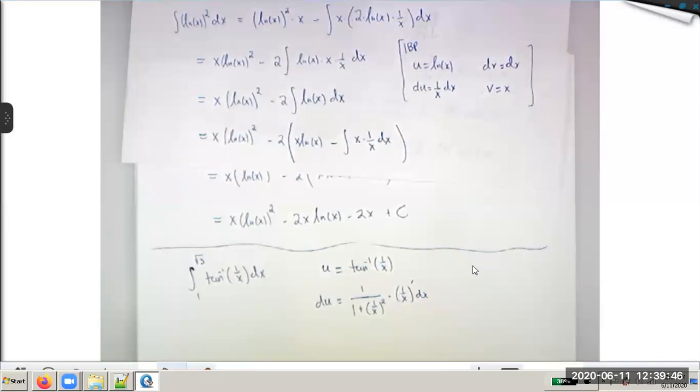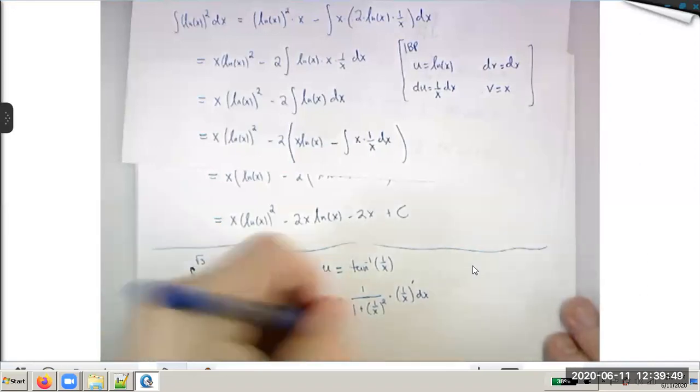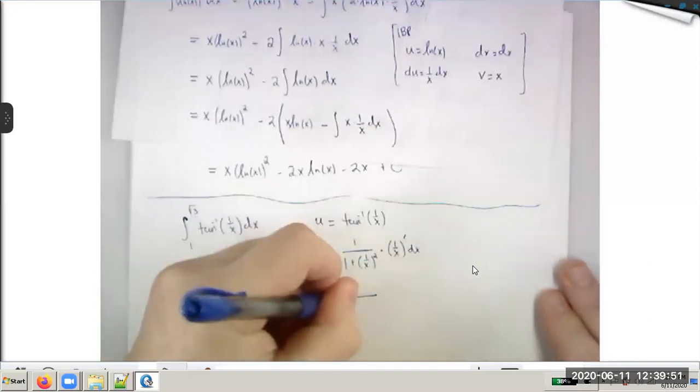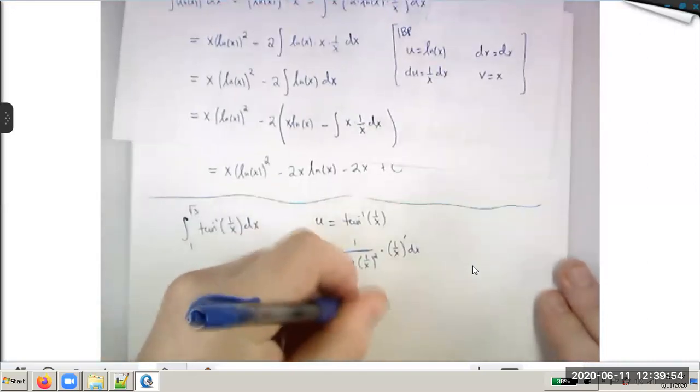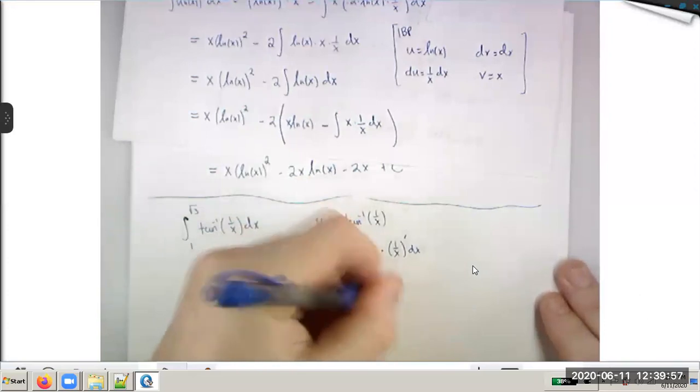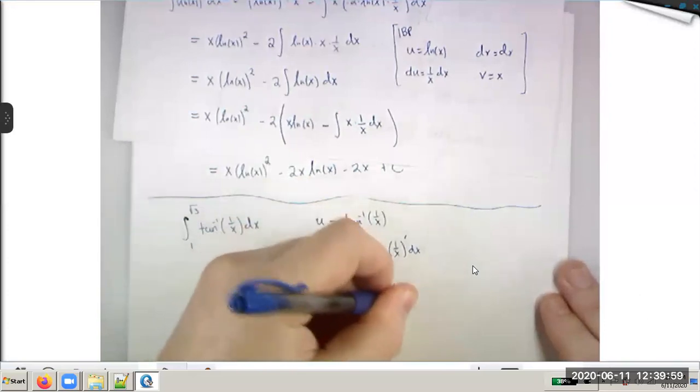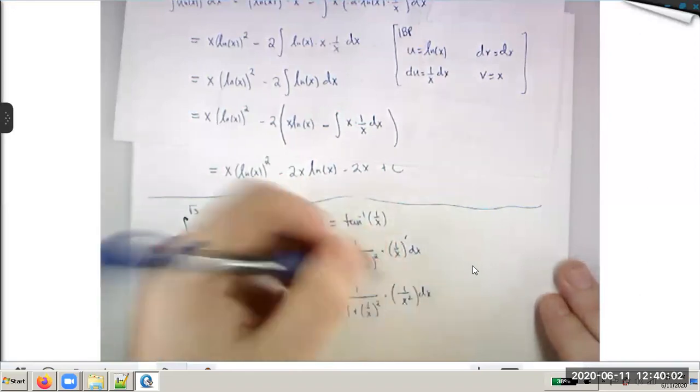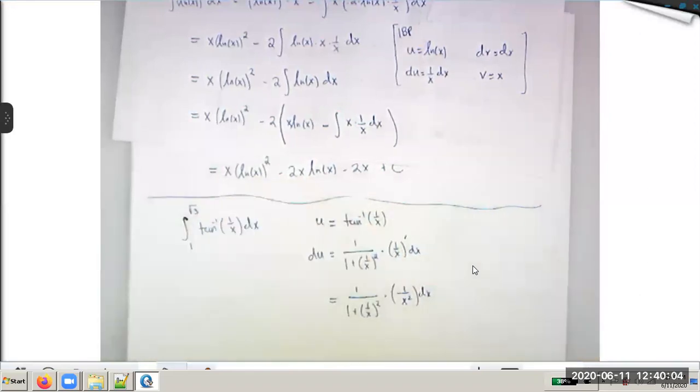And then the 1 over x prime thing, it's akin to x to the negative 1. So when you take the derivative of it, you're subtracting another 1, so it'd become 1 over x squared.